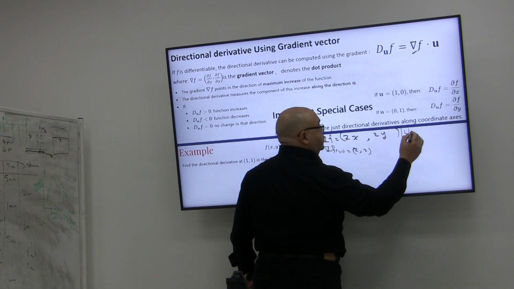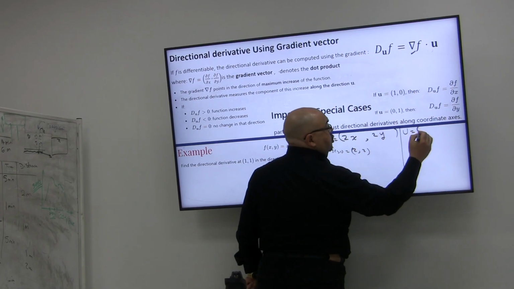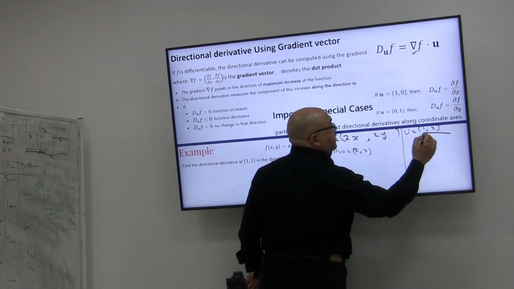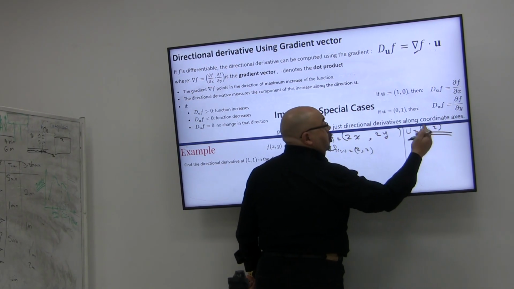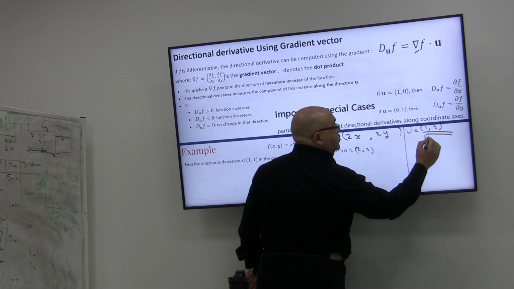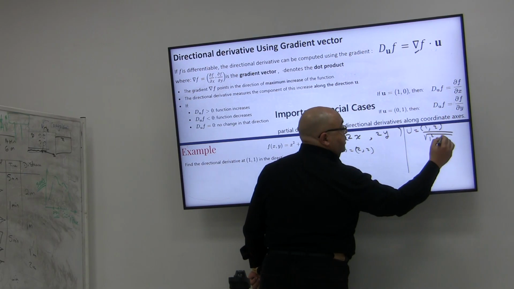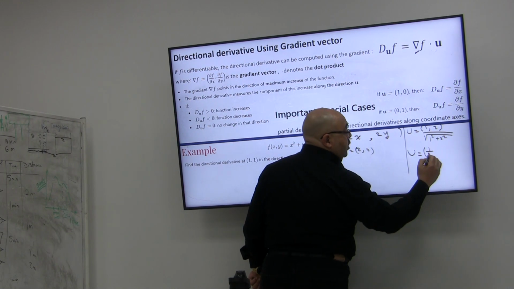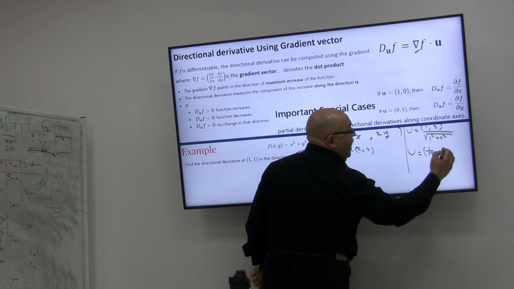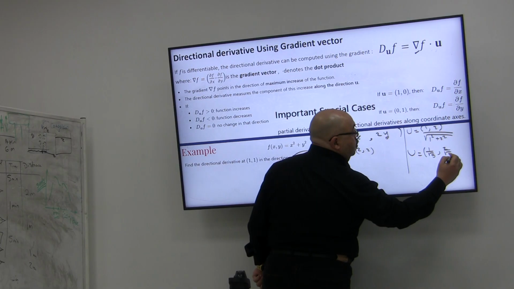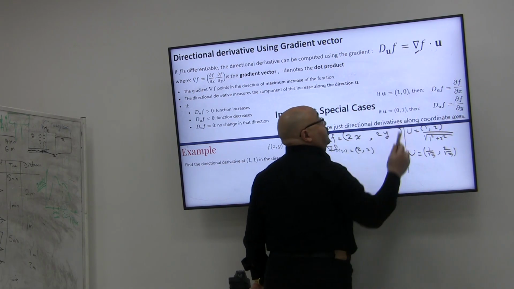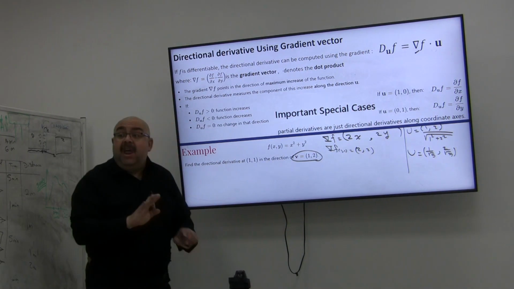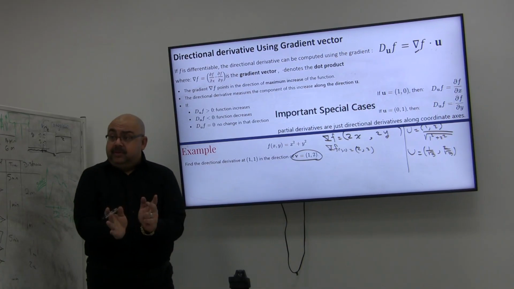So u is going to equal 1 and 2 divided by the square root of the squares of these values, 1 to the power of 2 plus 2 to the power of 2, which means u will equal 1 over root 5 and 2 over root 5. This is the value of u. All I have to do is multiply them together.